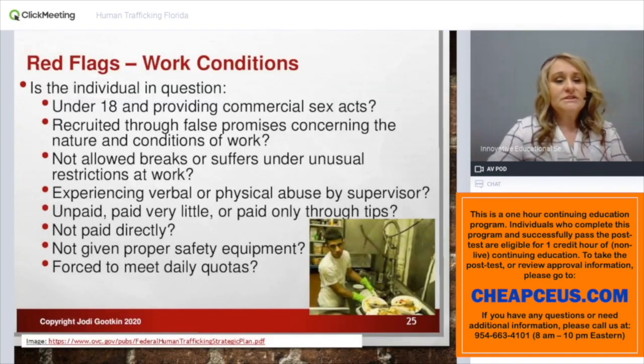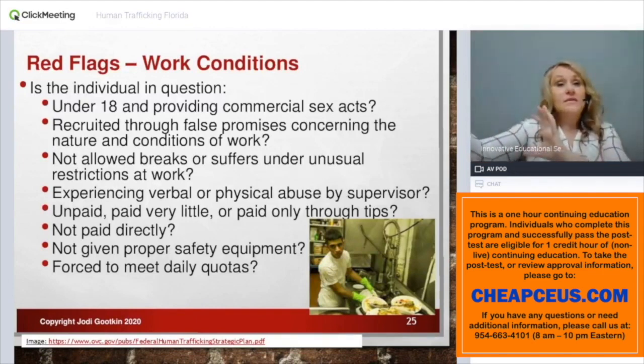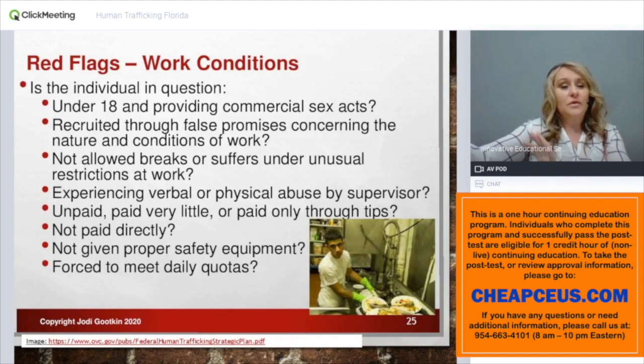Looking at working conditions, if the individual expresses this to you, or maybe even in the setting that you're in, look at what's going on around you, or be aware of what's happening in that next treatment room down the hall. Do you see minors that are there all day and adults coming in and out? That might be a cause of concern.